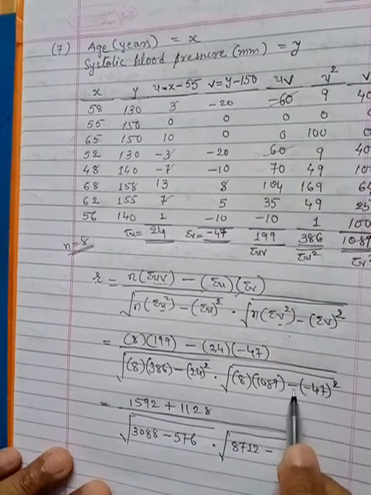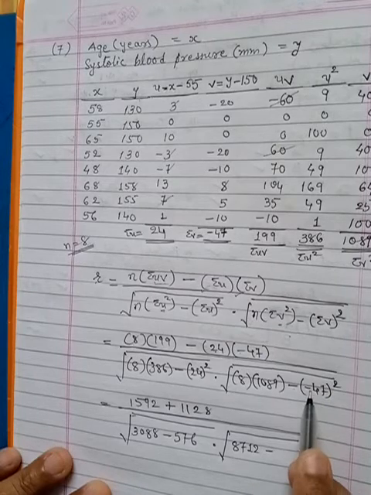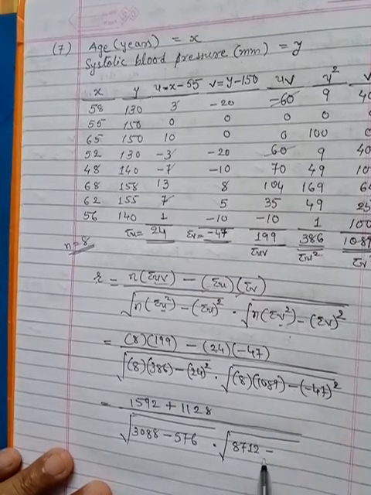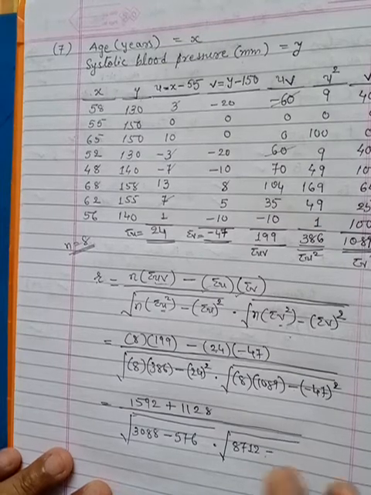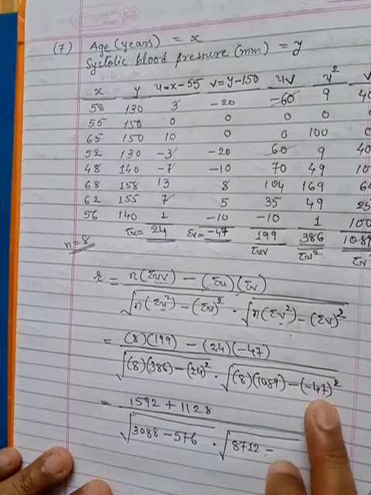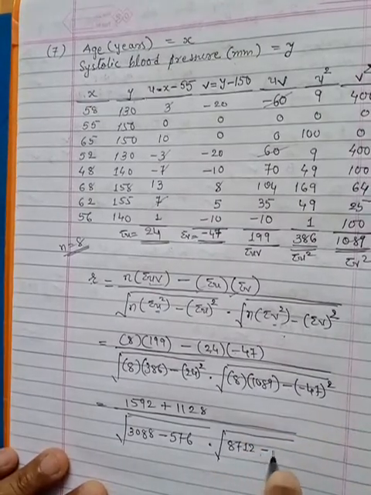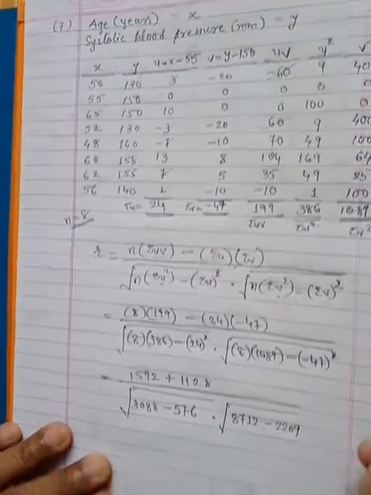See over here, this sign will remain as it is. Why? Minus 47 square will become positive, right? The plus into minus, again it will be negative only. So the main sign will not change over here, because we are squaring the negative value. So that will be a positive value only, and that square is 2209.